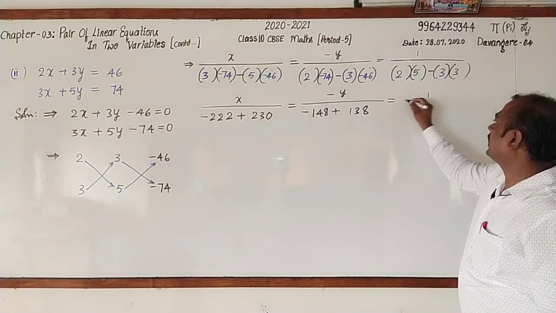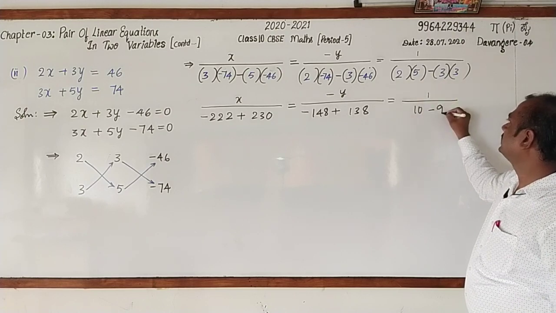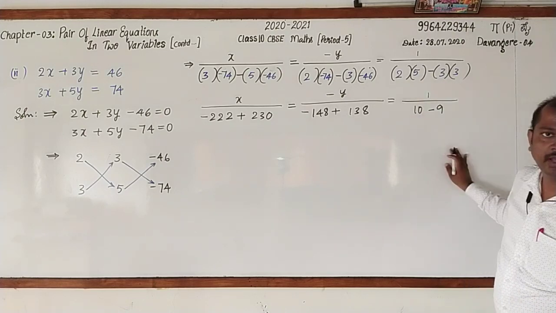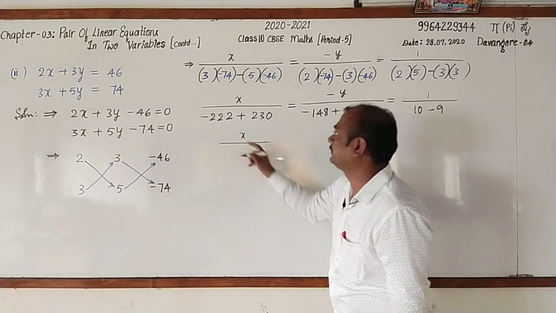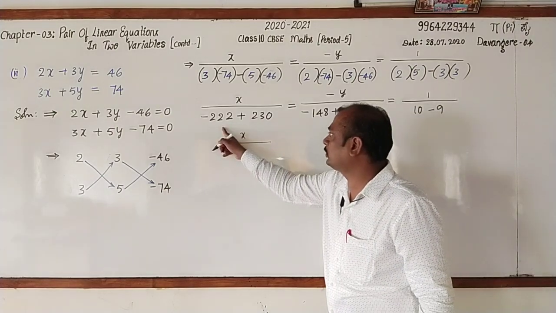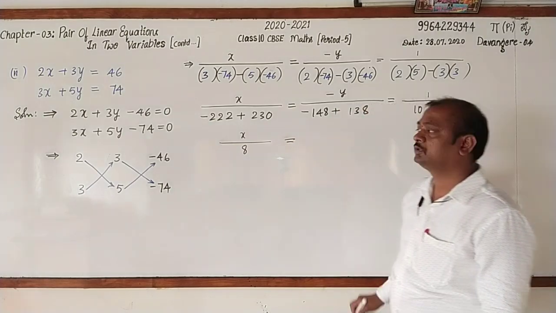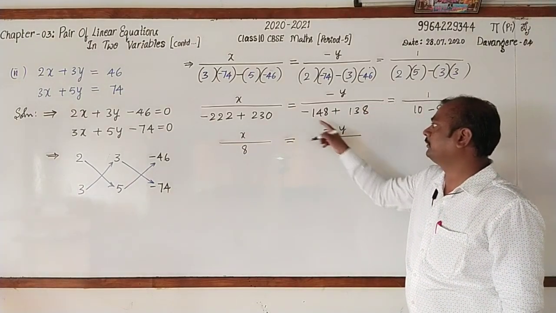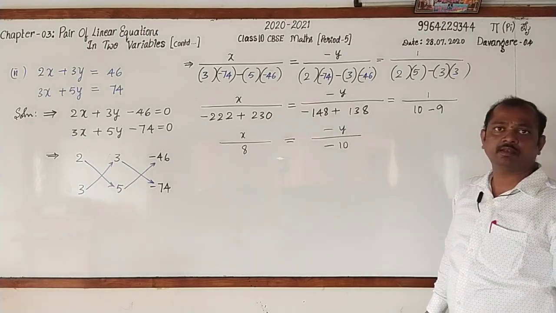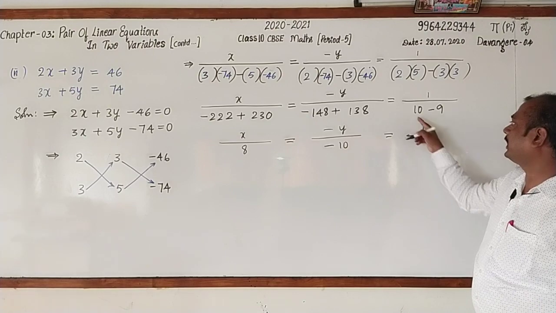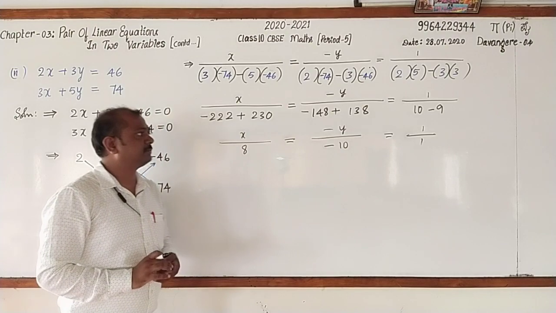This is equal to 1 whole divided by 2 fives are 10 minus 3 threes are 9. Have we got the same? Yes. Next, x by simplifying: minus 222 plus 230 is 8. Next, minus y by minus 148 plus 138 is minus 10. Equal to 1 by, what is 10 minus 9? It is 1. Okay, we have written them in the simplest form.